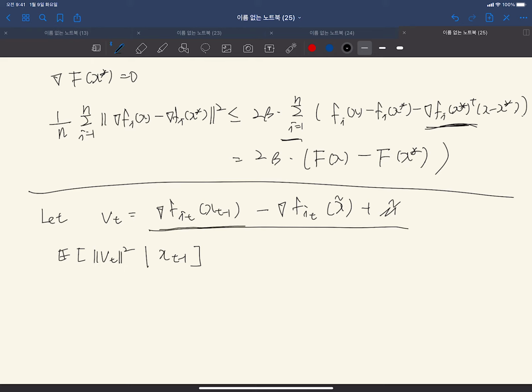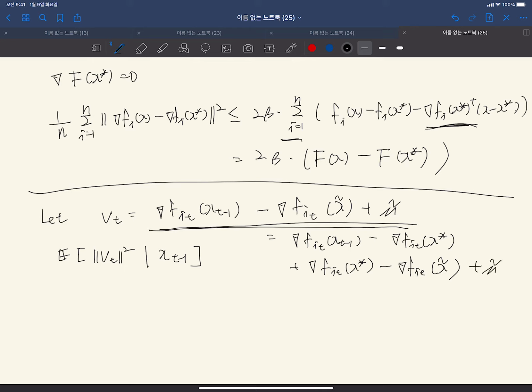Then from the definition of Vt, we can think of Vt as the sum of the gradient of fit xt minus 1 minus the gradient of fit x star, the gradient difference at the current point and the optimal point, plus the gradient of fit x star minus the gradient of fit x tilde plus mu tilde.